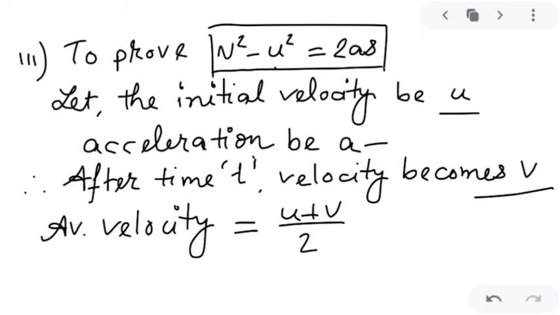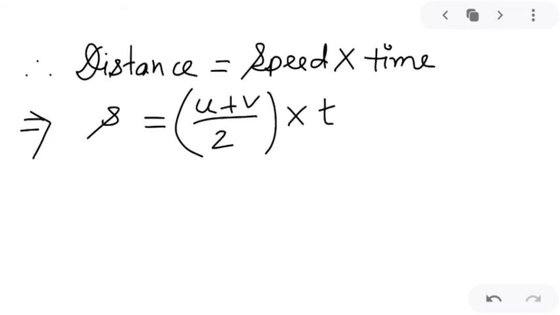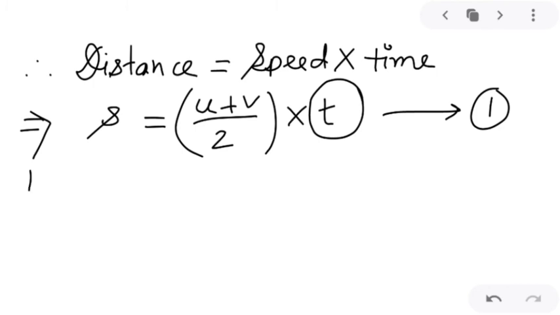So from this equation we have to replace t, because we don't need it here. How can we replace it? Suppose this is equation number 1. We already know that v equals u plus at.